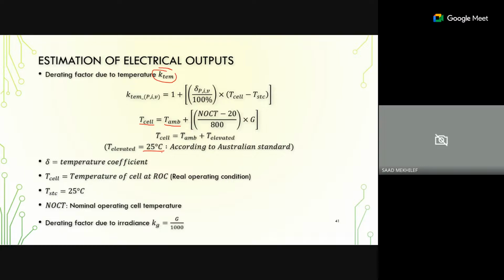That is what reduces the efficiency of the cells, because the STC is at 25 degrees C. When you put it outside, it is a different environment. So that's why we call it derating the irradiance.